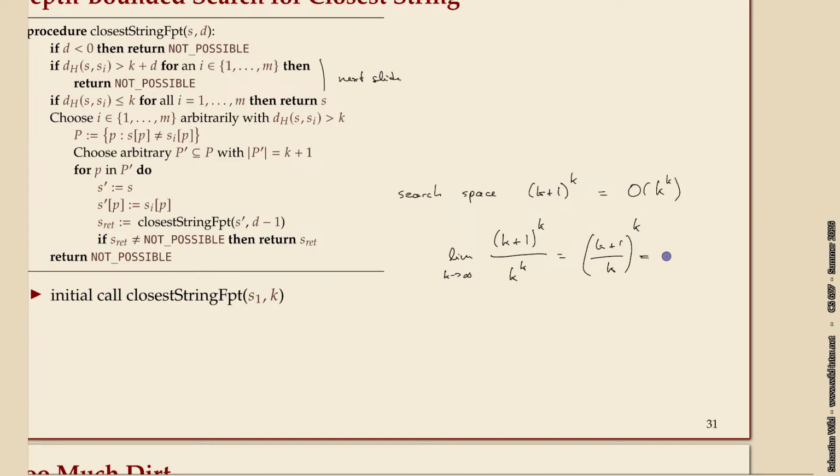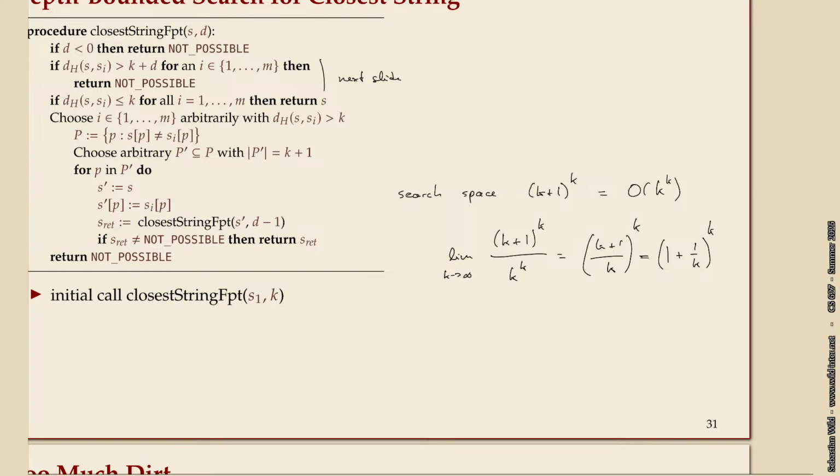And rewrite this. And this term, 1 plus 1 over k to the power of k, that's something you may have seen in the context of Euler's number.